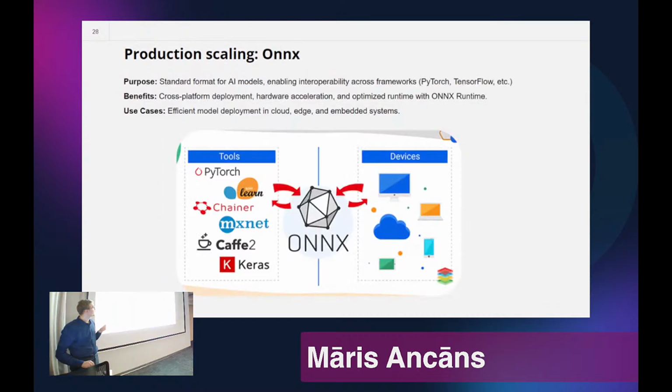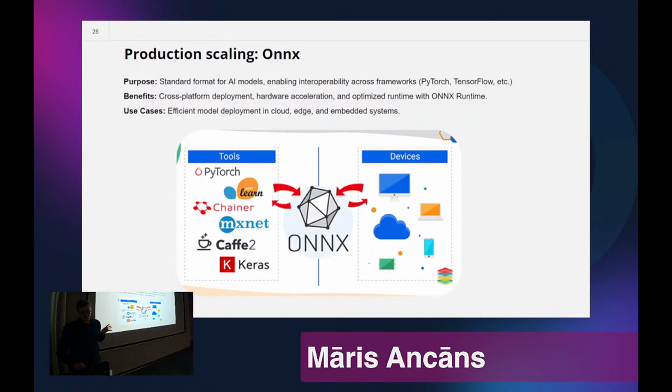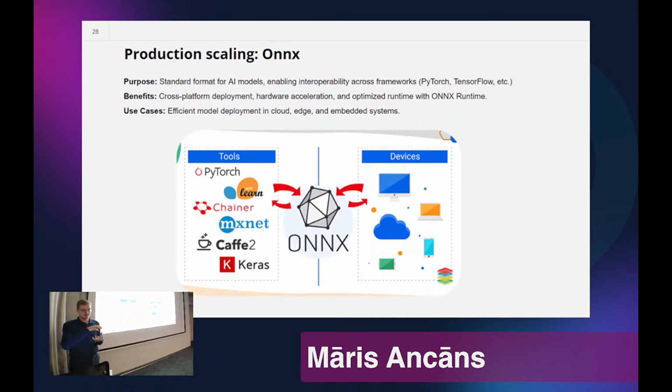The fifth stage is called Onyx. It is basically a standard way of representing how a neural network is stored, so that it can later be run on multiple devices, multiple places.